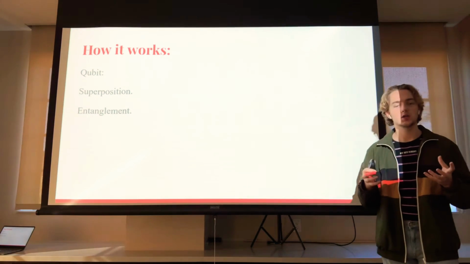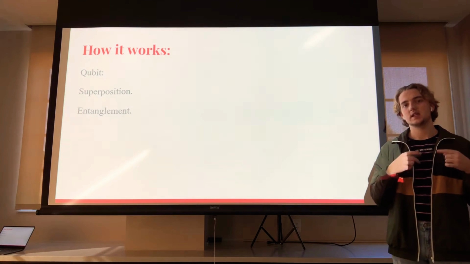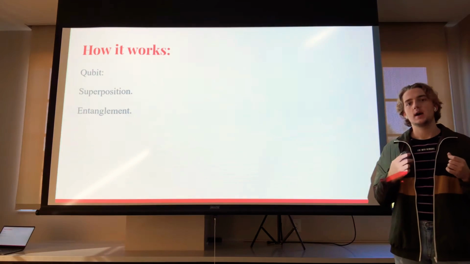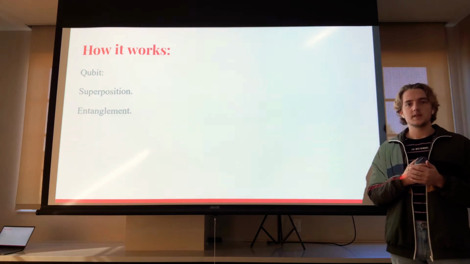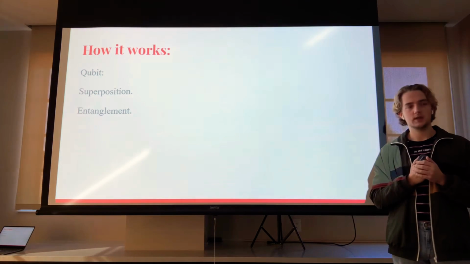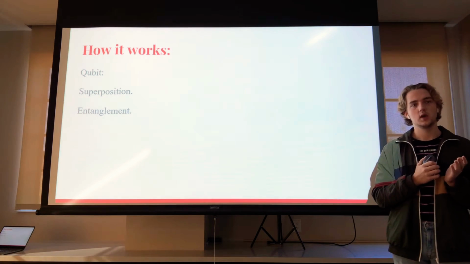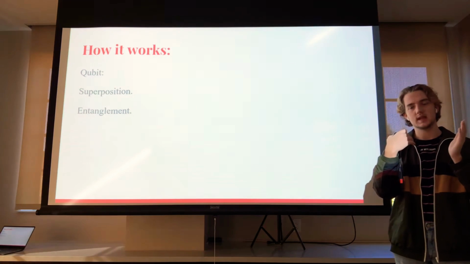Entanglement occurs when you bring 2 qubits in close proximity to each other. Each qubit exhibits a small, weak magnetic field, and these magnetic fields interfere with each other. So what this looks like is, say you align 2 qubits properly, and then you choose the position of one, and then you bring them into entanglement.